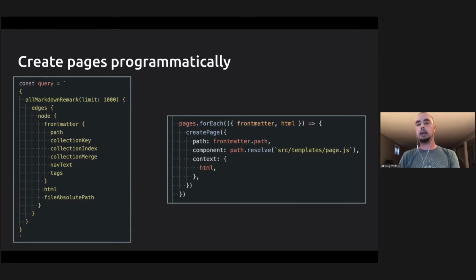And on the right is a function that Gatsby exposes called createPage. So during the build process, you can do what is shown here, run a query, and generate pages based on those results.